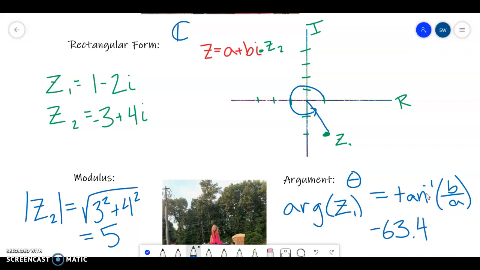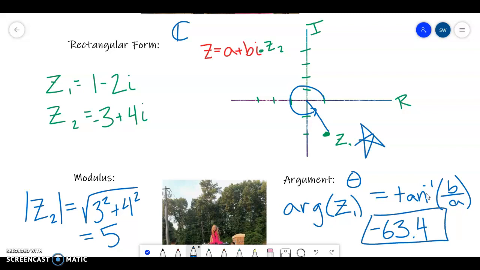-63.4. Remember, because inverse tan is bounded by values between the first and fourth quadrant, you have to ask yourself, is that angle that the calculator told me my answer, or do I need to add 180 to get the appropriate angle? In this case, I'm already in the fourth quadrant, so -63.4 is the correct angle.